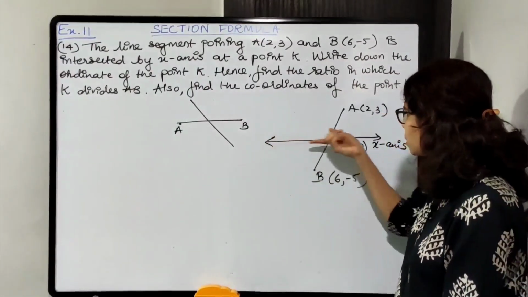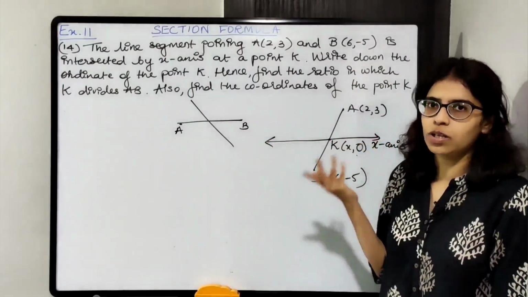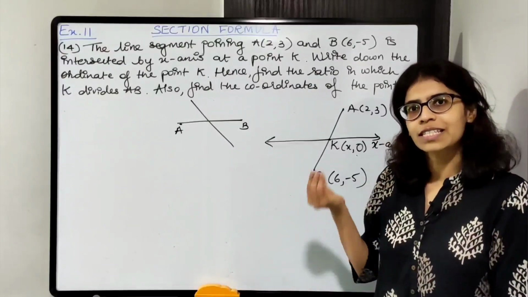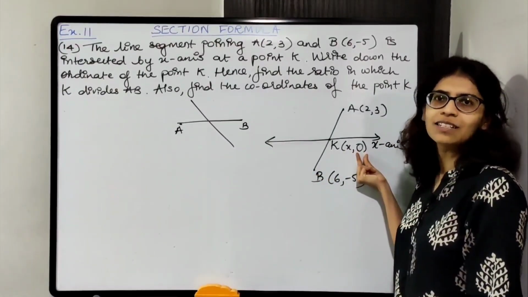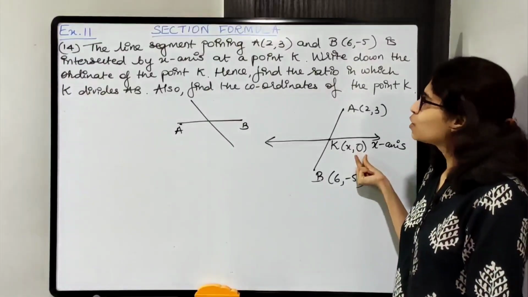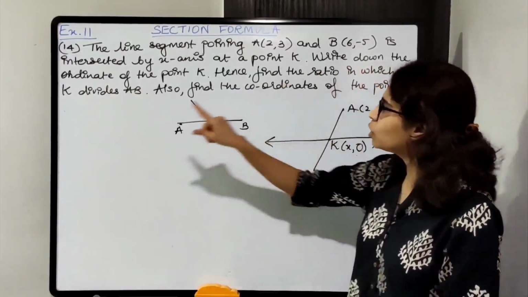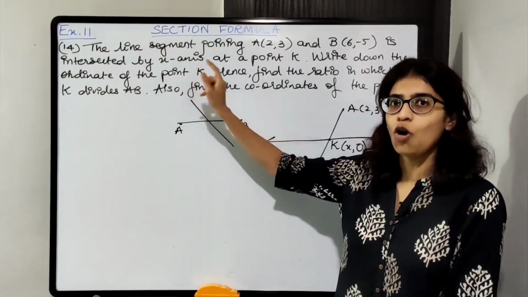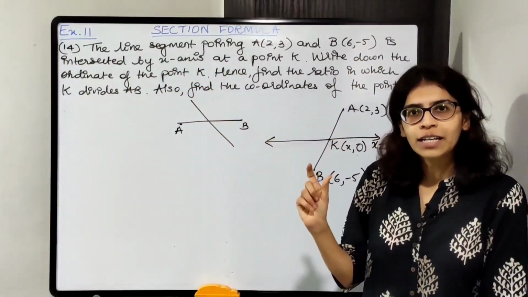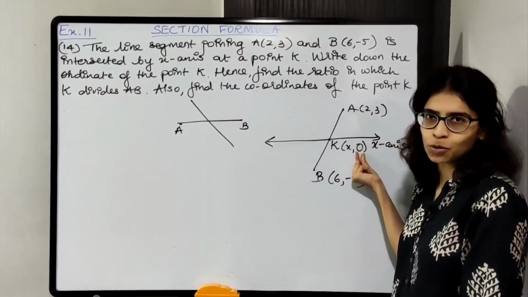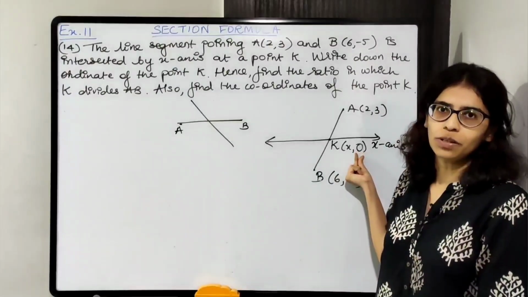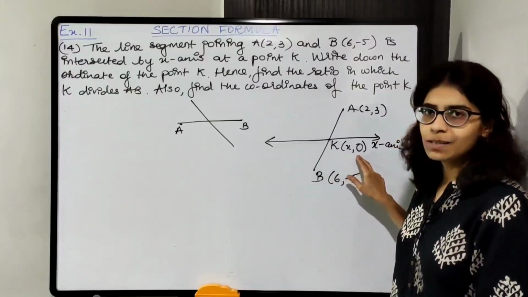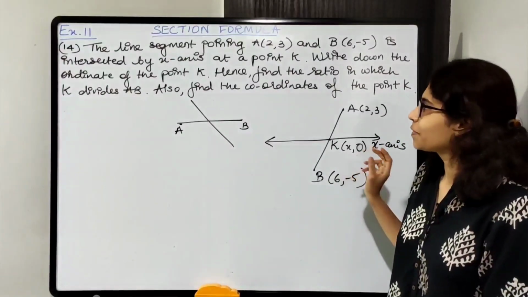So similarly, if any point lies on x-axis, its y coordinate is 0. Okay, only the x coordinate will remain. So x coordinate is there, y coordinate is 0 over here for K. So they have asked, write down the ordinate of the point K. Ordinate means y coordinate. Okay, so y coordinate will be 0 over here. So ordinate is 0 for K.